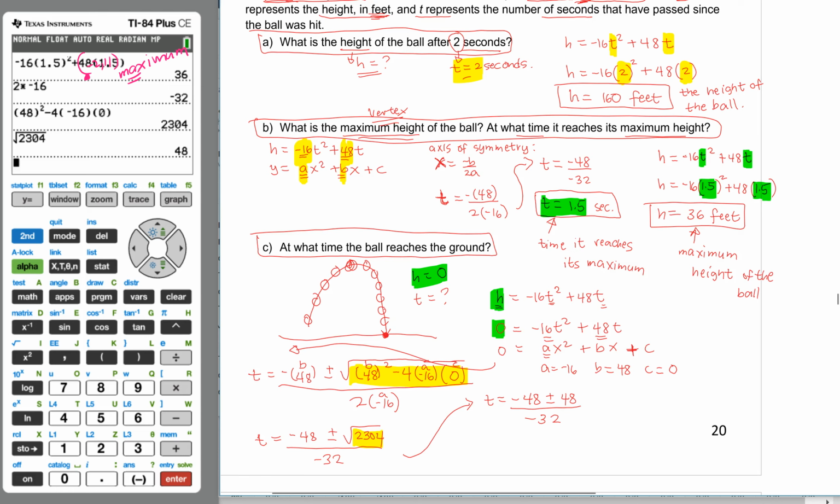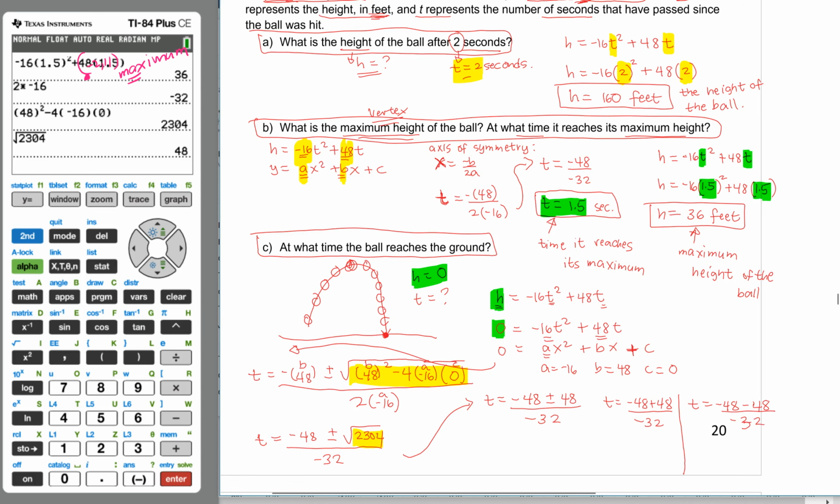We can split this into two answers. Two possible answers would be t equals negative 48 plus 48 divided by negative 32, and the other one would be t equals negative 48 minus 48 divided by negative 32.